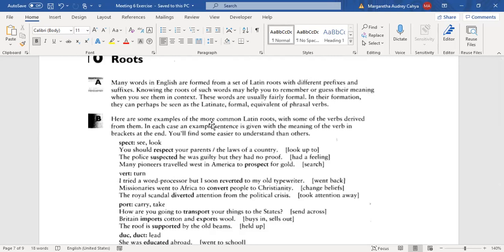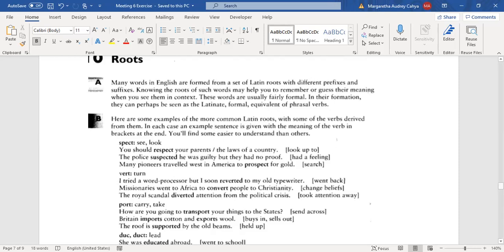Terus mengetahui kata originalnya itu roots ya, dapat membuat kamu lebih bisa untuk mengingat or guessing, atau menebak apa meaningnya dari words itu when you see them in context. Apa artinya kata itu saat kalian melihatnya. Begitu kira-kira.